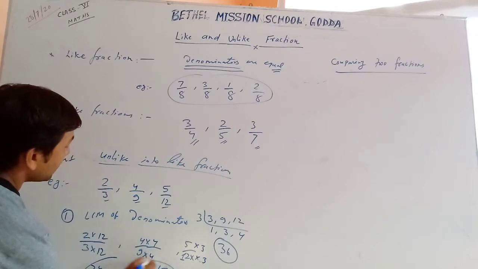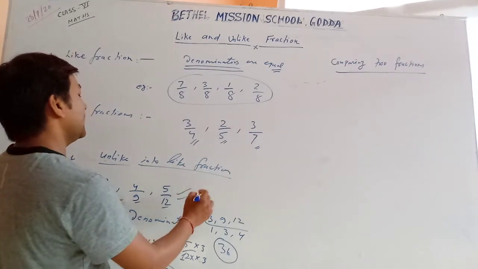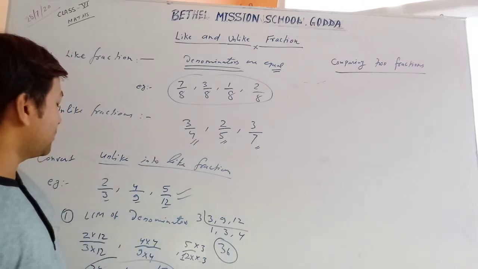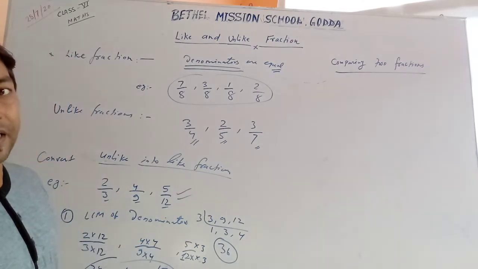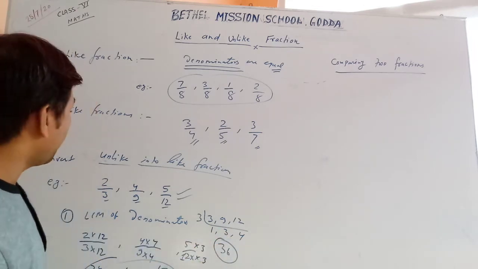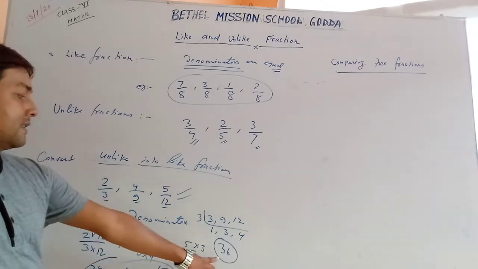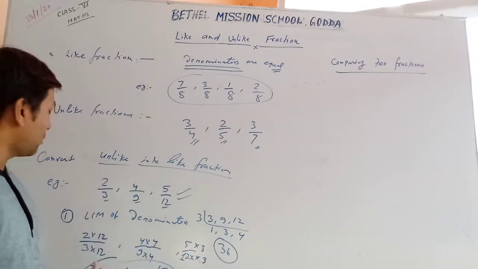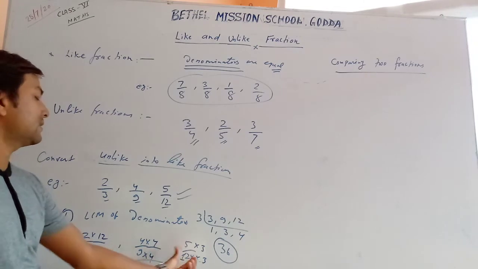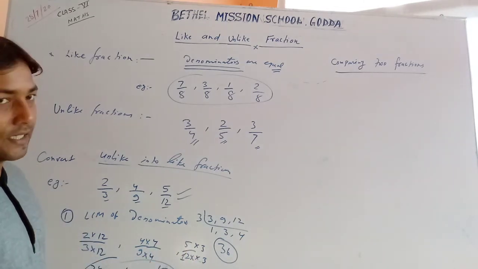This is called like fractions. This was unlike fractions; given unlike fractions, we have changed them into like fractions. First find the LCM and make all the denominators 36.